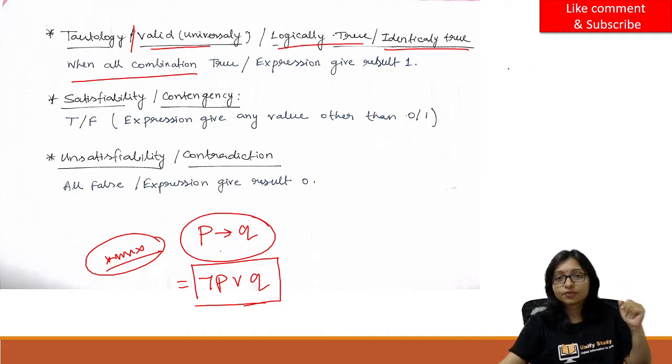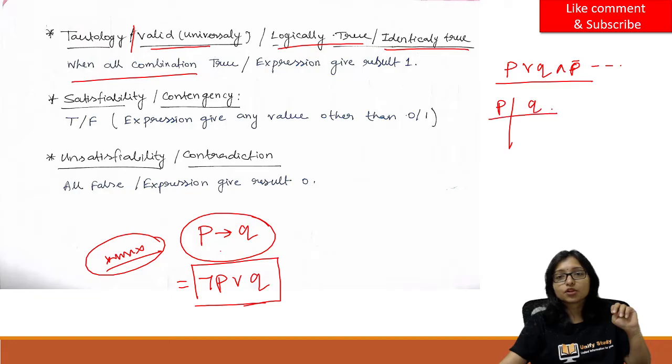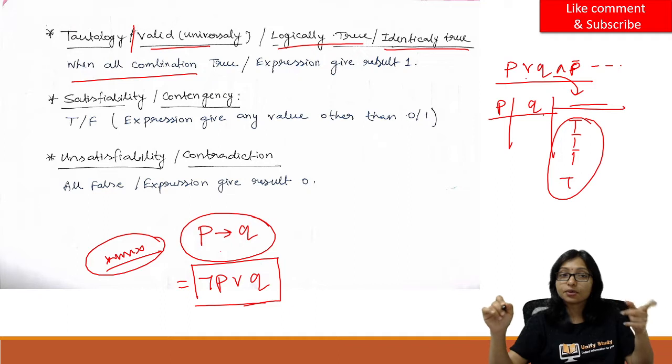Any expression will be given to you, like maybe P or Q and P bar. Then with the truth table for the two variables P and Q, if I put them in this expression and for all combinations I am getting a true result, it is true.